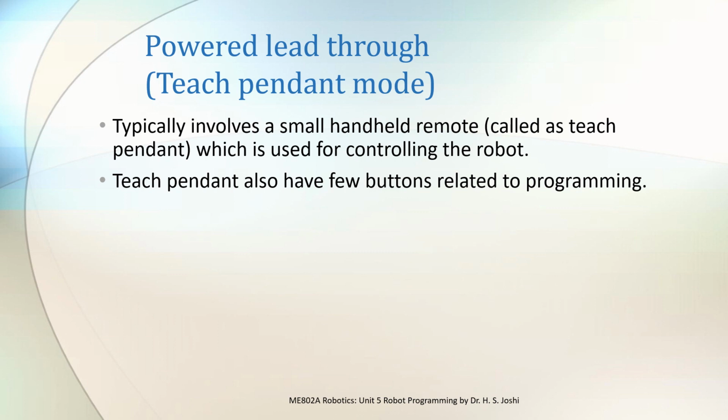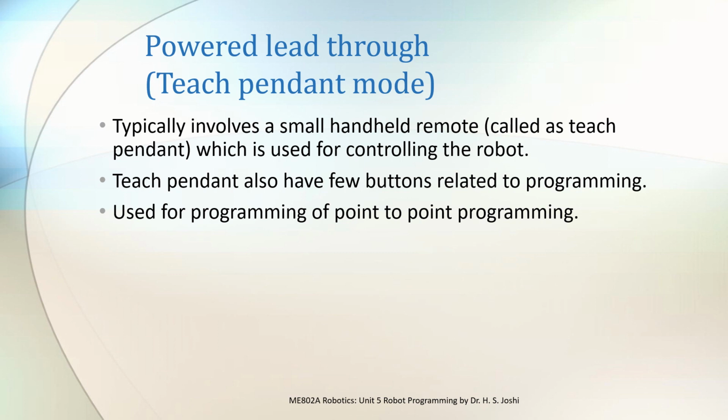So as the name indicates, instead of having a manual movement, we can operate the robot through a remote control. So obviously you can understand the level of difficulty which will be there in operating the robot, because you do not have the direct control on the motions of the robot. So this type of system is more suitable for the applications where point-to-point programming is involved.